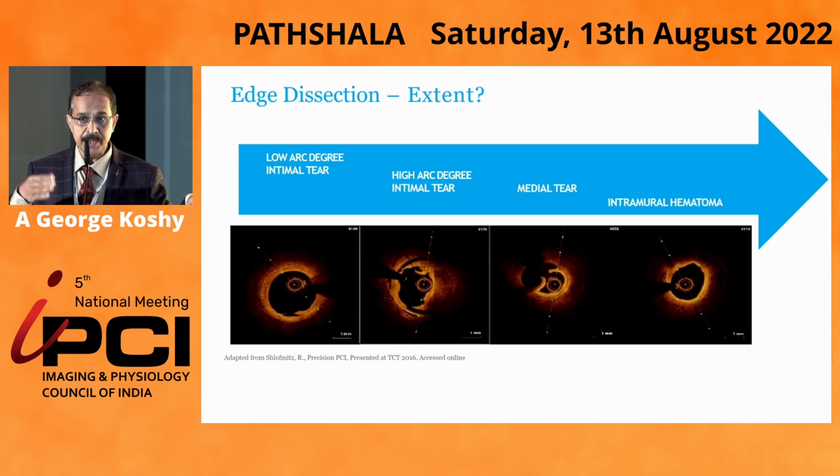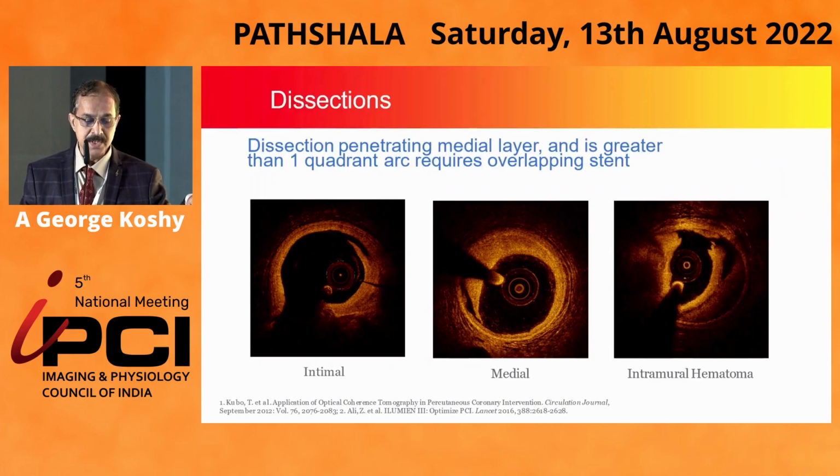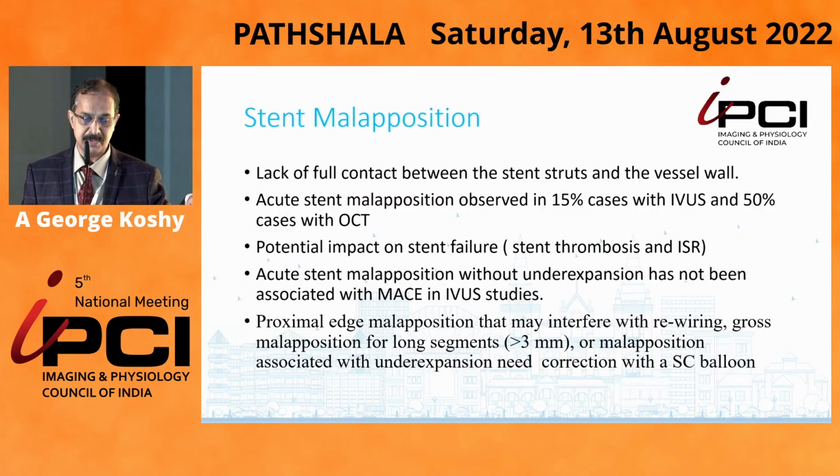But something more than one quadrant, more than 90 degrees, with intimal tear or a medial tear or intramural hematoma certainly requires correction. So the dissection penetrating the medial layer and greater than one quadrant requires an overlapping stent.